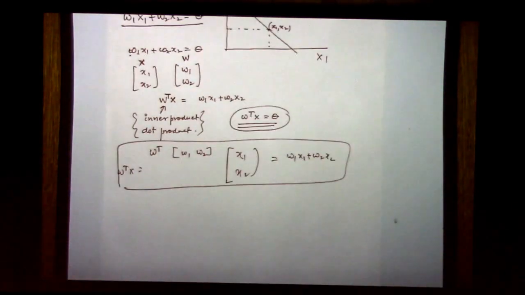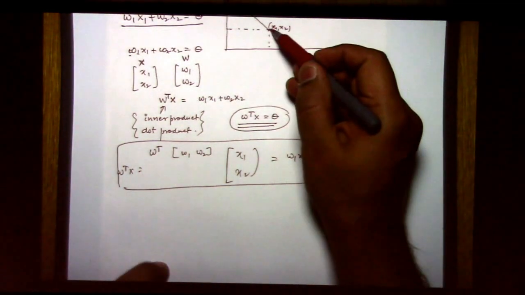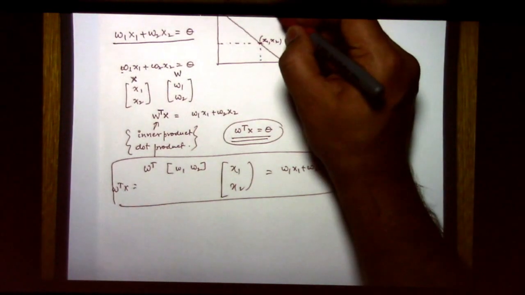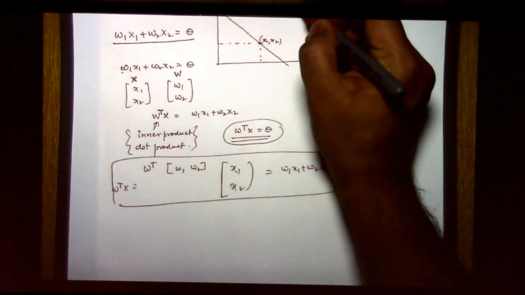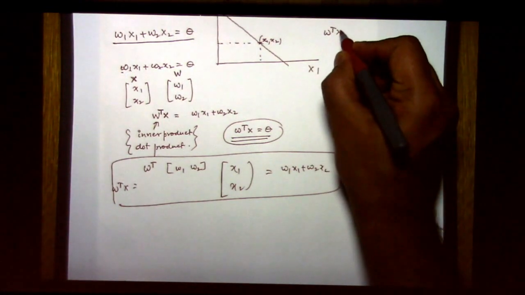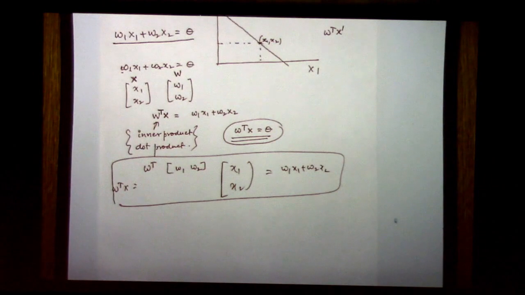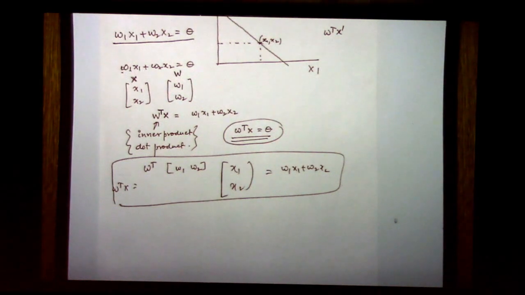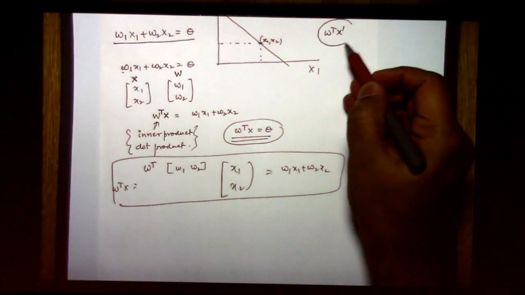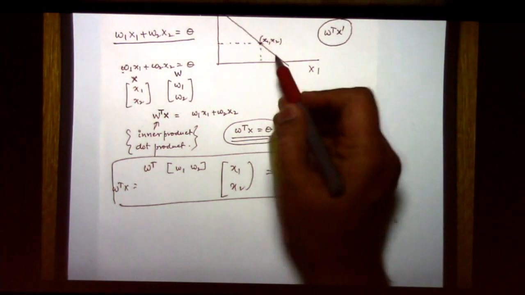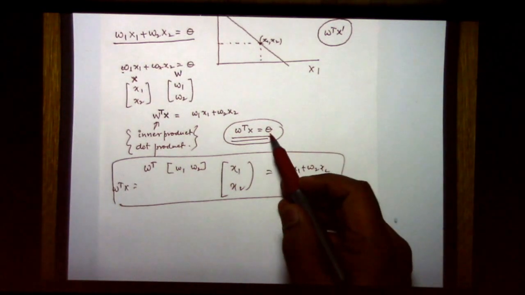All right. So if a point lies on this line, then this will be true, right? But if a point is here, let's say there's a point x1 prime, x2 prime, what will be W transpose X for this one, X prime? What can you tell me about the value of this inner product? We know that if X was on the line, then W transpose X would have been theta, right?